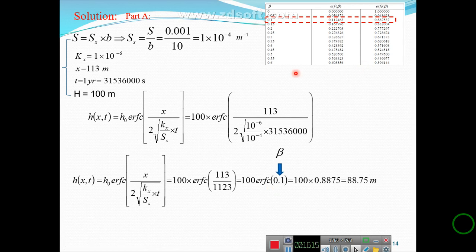Using this table, the complement of error function for a beta value of 0.1 is 0.887537. So the final calculated value for hydraulic head will be 88.75 meter.